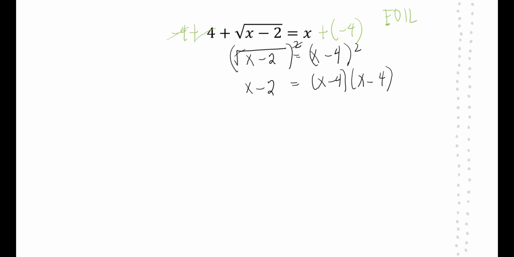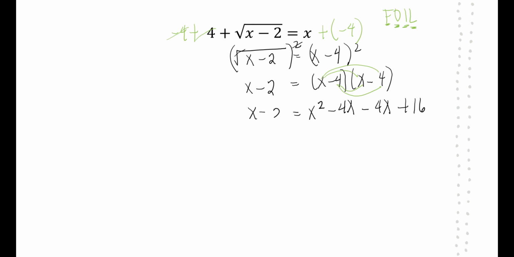The first terms are x and x, which when multiplied would be equal to x squared. The outer terms are x and negative 4, which when multiplied is equal to negative 4x. The inner terms are negative 4 and positive x, which when multiplied also equals negative 4x. And the last terms are negative 4 and negative 4, which when multiplied gives a product of positive 16.